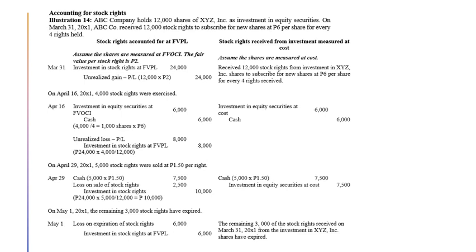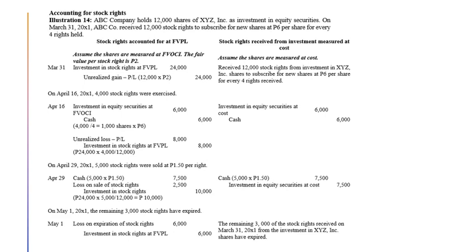What if yung stock rights, they are measured at cost? So, memo entry lang yung gagawin for the recognition of the stock rights. Not totally recognition, you just record it lang pala. So, debit received 12,000 stock rights from investment in XYZ, Incorporated shares to subscribe for new shares at 6 pesos per share for every 4 rights received.